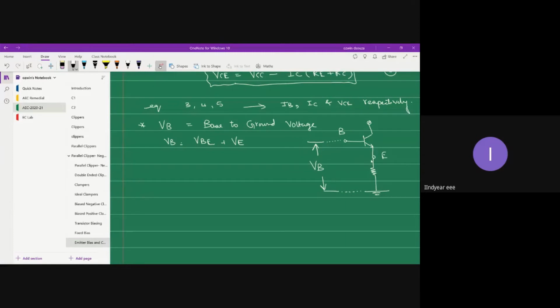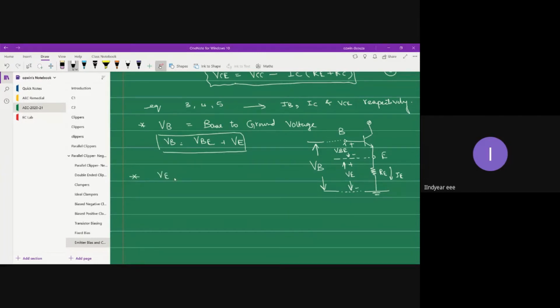So base to ground voltage is nothing but base to emitter voltage plus emitter to ground voltage. This is what I was talking about. This is RE and this is IE. Now it is clear, right? So VB is equal to VBE plus VE.